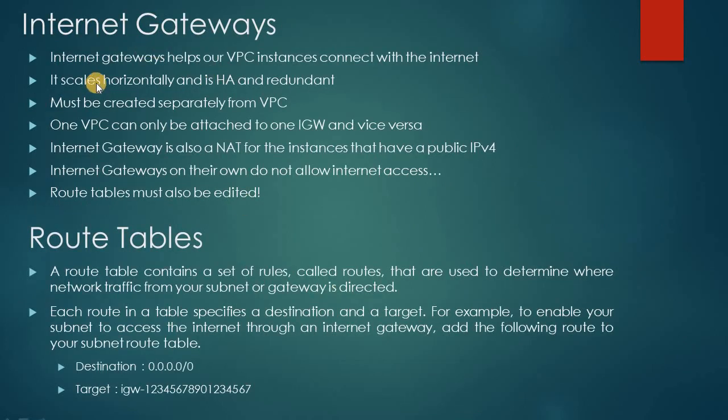Internet gateway, as I mentioned, helps the VPC access the connection with the internet. And one VPC can only be attached with one internet gateway, or vice versa. This route table has a destination that was private and a target that was the internet gateway from the outside.